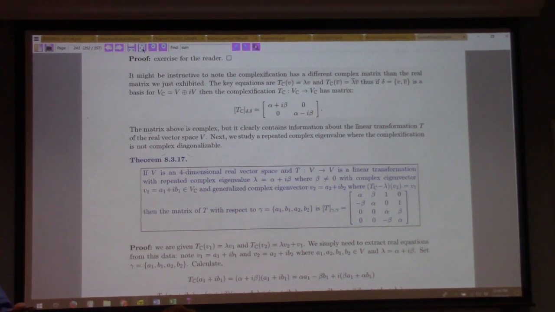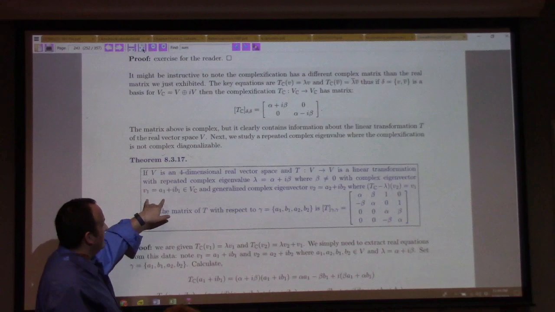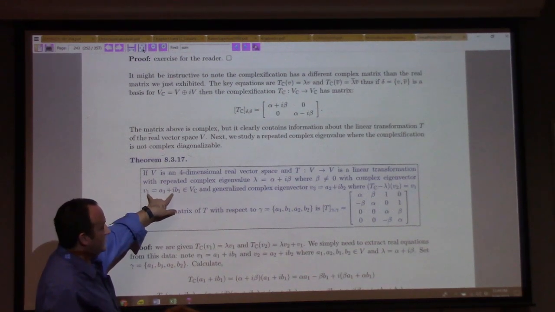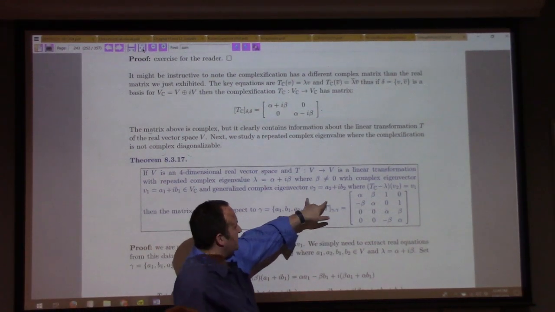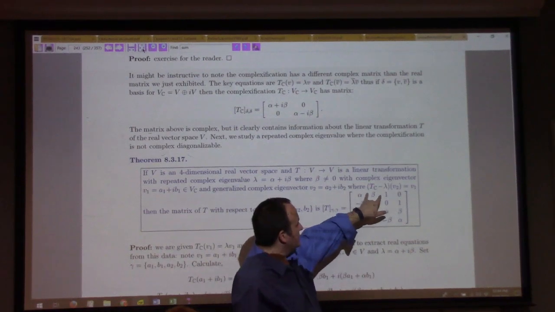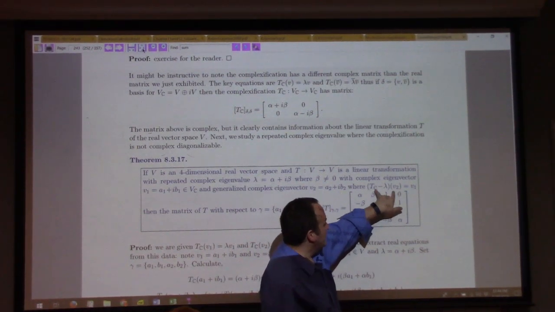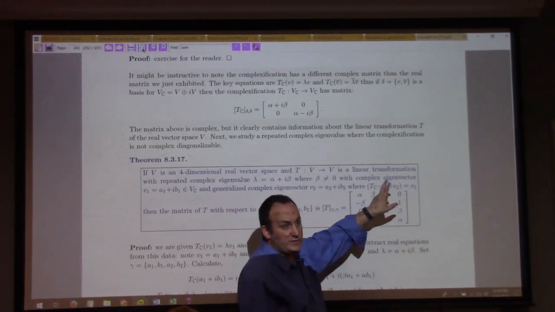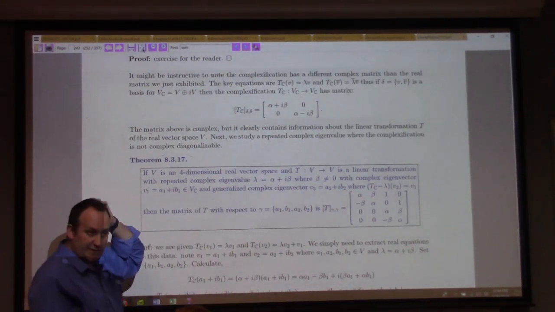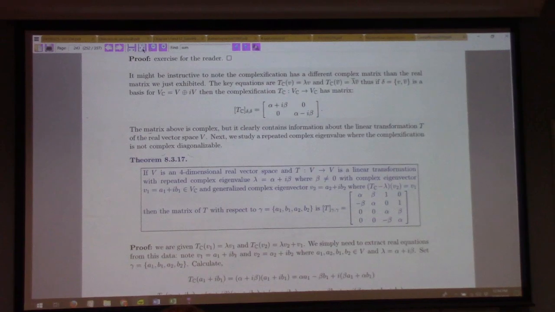So what does that mean? If your complexification needs generalized eigenvectors, in other words, you have an eigenvector v1 and you have a generalized eigenvector v2, where the complexification minus lambda applied to v2 is equal to v1. So v1 and v2 form a 2-chain of complex eigenvectors for the complexification.